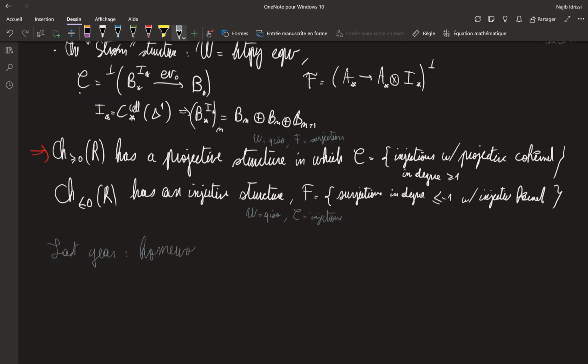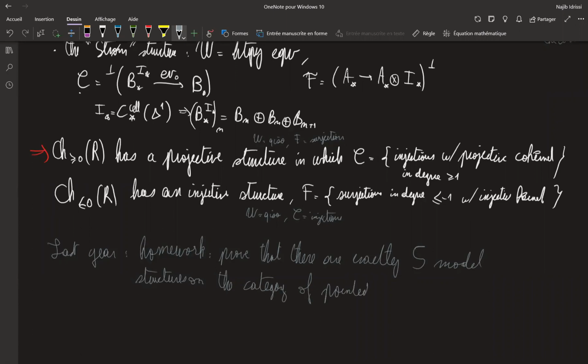The homework was to prove, more precisely, that there are exactly 5 model structures on the category of pointed sets.